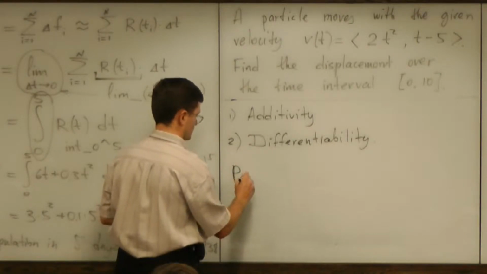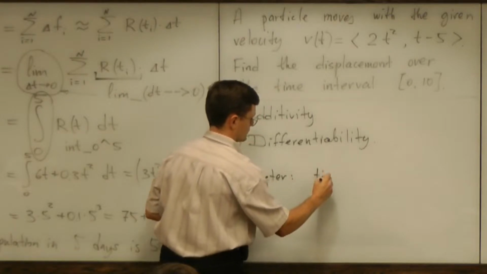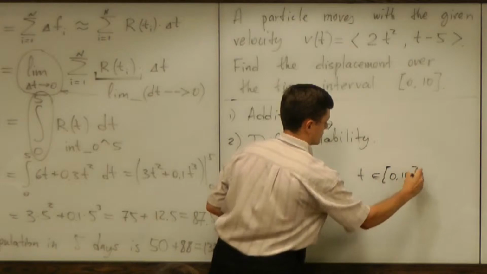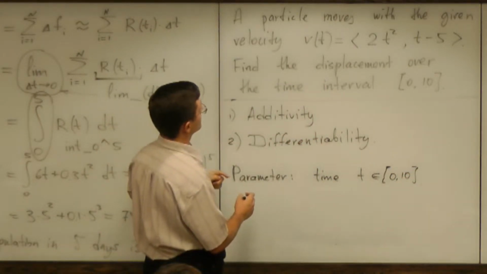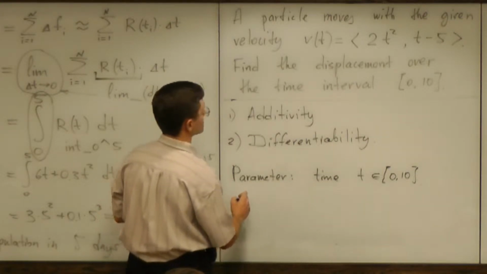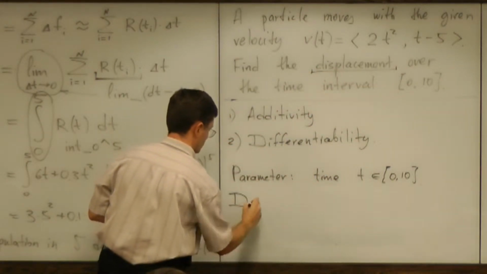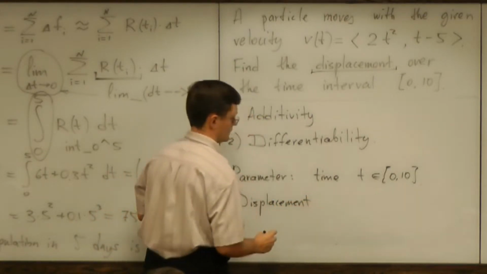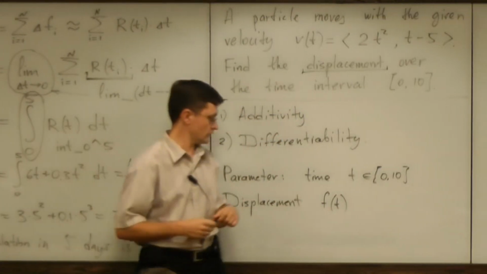So the parameter is time, and that time changes within the interval from 0 to 10. The function that I want is the displacement. Let me denote it by f of t.